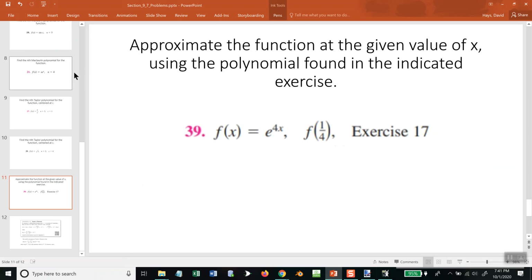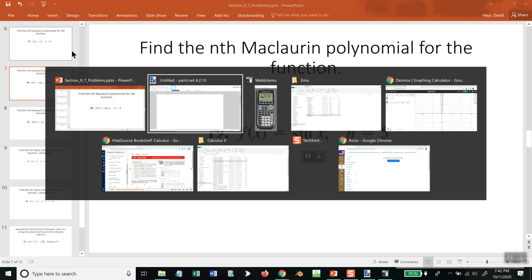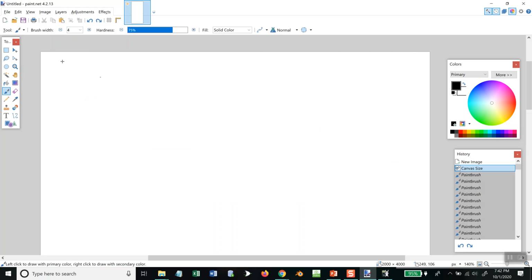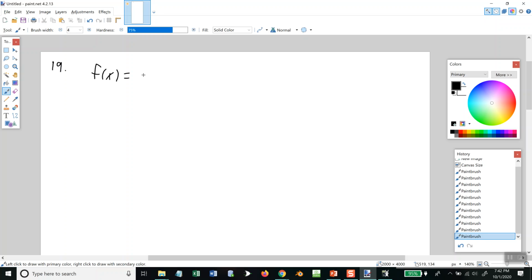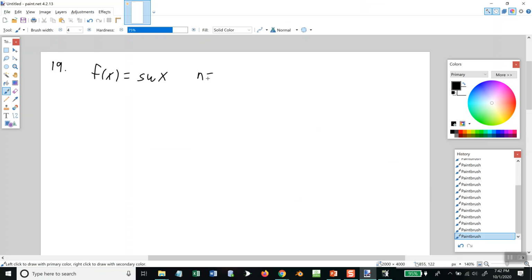Okay, back to here. This is another one I figured I could take the derivative over and over pretty easy. f of x is equal to sine x, n equals 5, which means we're going to need to find the fifth derivative.